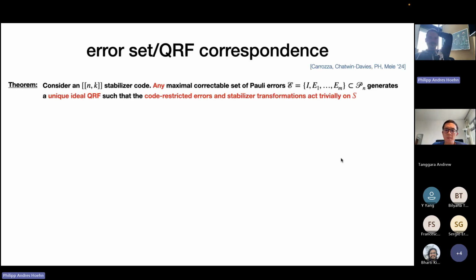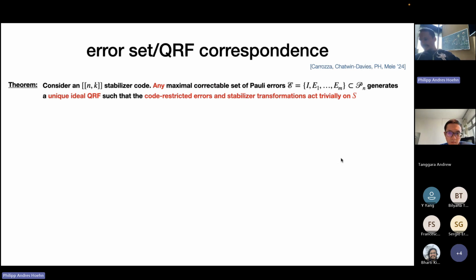So now I come to the main theorem of the paper that establishes a two-way correspondence between correctable error sets, or equivalence classes of correctable error sets, and quantum reference frames. The statement is, you give me any n,k stabilizer code, so that's a given. Now let's start with one direction of this theorem.